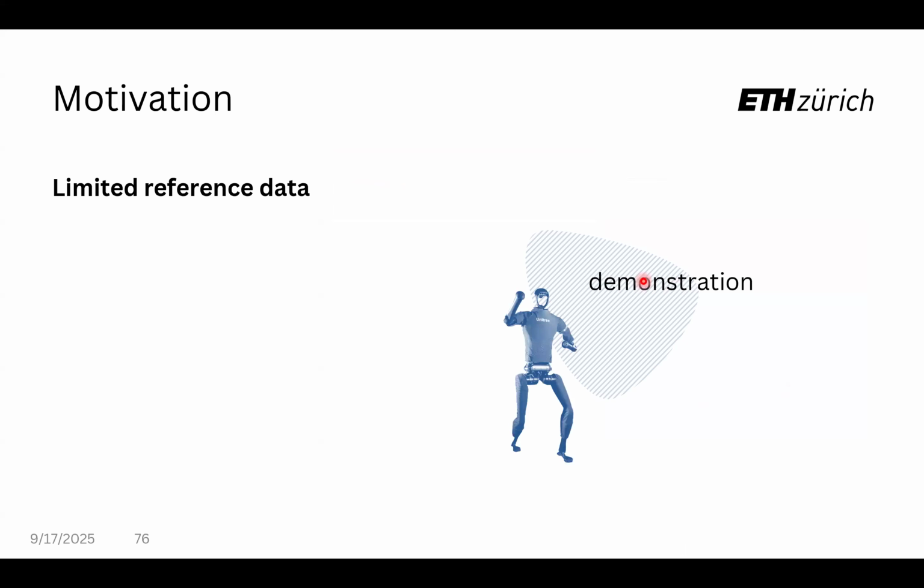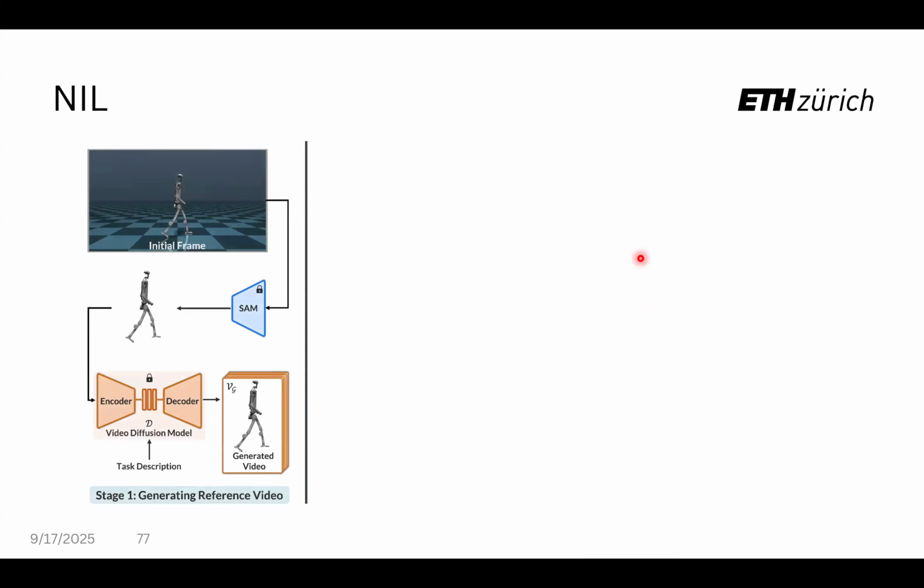So what do we have? The motivation, again, is that we want to learn from demonstrations, but we don't have them. What we can do is, we are training in a simulator, right? So we can encode this frame of our simulator and put it as the initial frame of a video generation model. Here I think we're using TimeSformer.